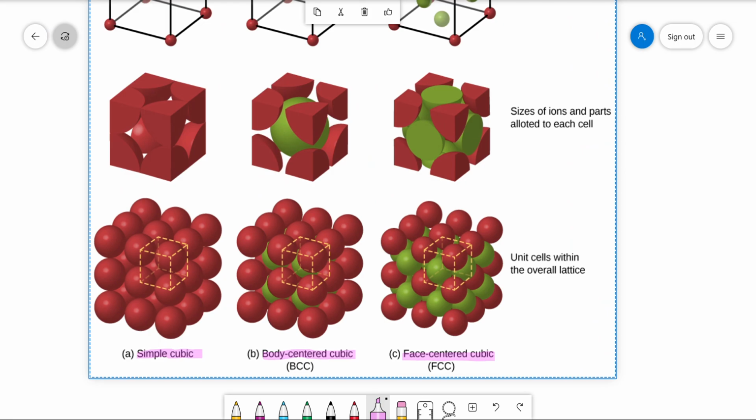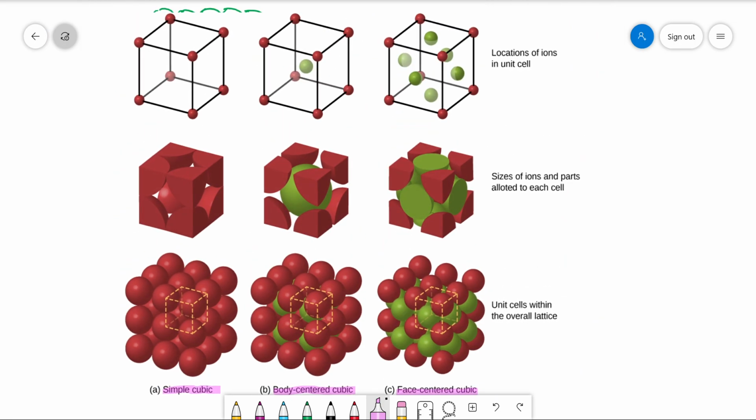Okay, the simple cubic, if we look at it, let's see the best place to draw this. If we go from here to here and then to here, you can see that there are basically 2 portions of, or 2 radiuses there.